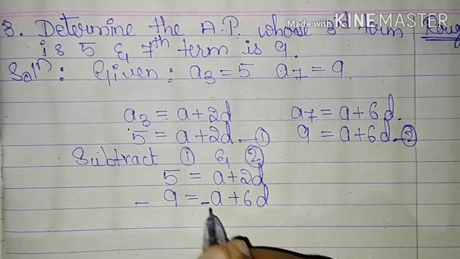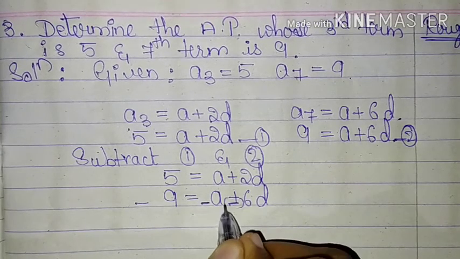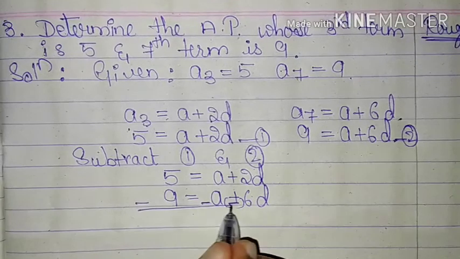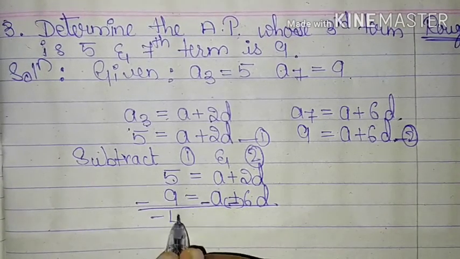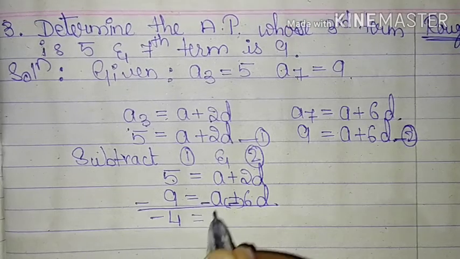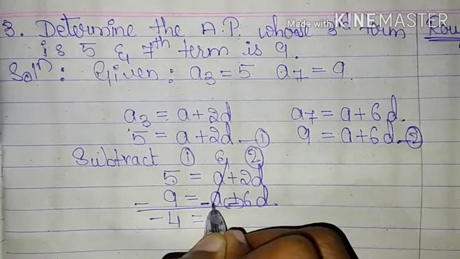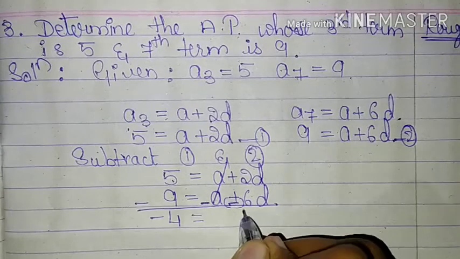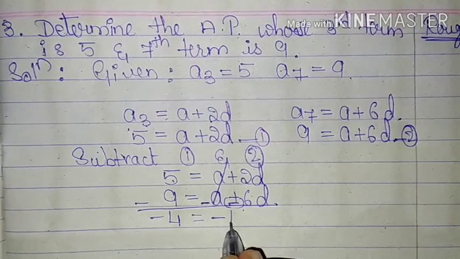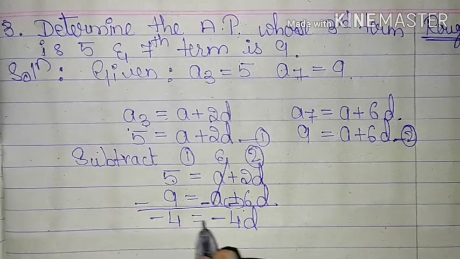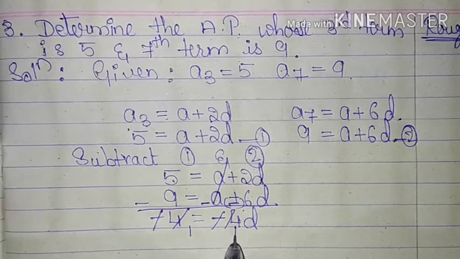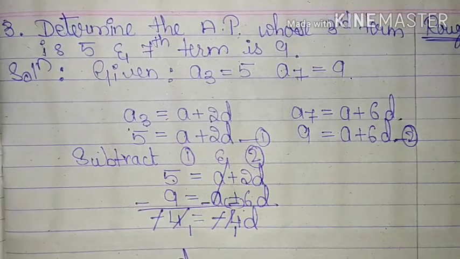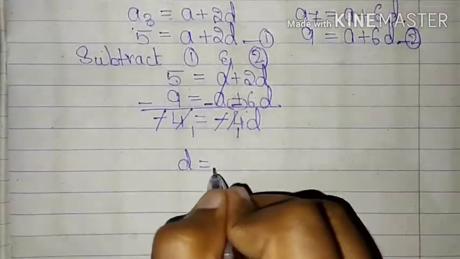Plus A becomes minus A, plus 6D becomes minus 6D, and plus 9 becomes minus 9. So 5 minus 9 is minus 4 is equal to A minus A cancels out. 2D minus 6D we get minus 4D. Minus minus cancels, 4 ones are 4. So D is equal to 1.